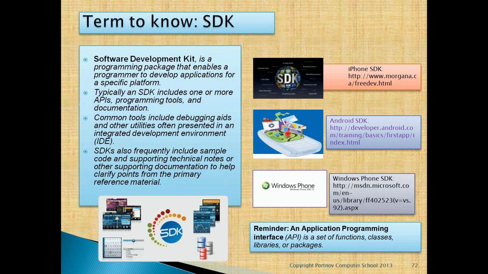Another big term is SDK, software developer kit. It's not just a kit. It's a programming package that enables a programmer to develop applications for a specific platform. If you ask people what an SDK is, they will give you the description and immediately associate it with Android.